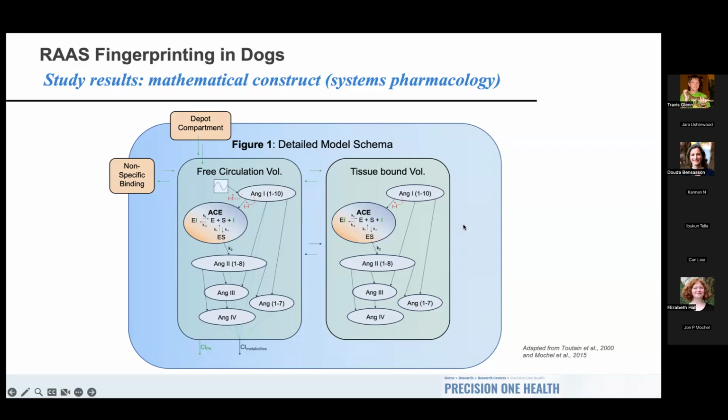And then we had a very similar model for the tissue component of that system, because the RAS is actually found both in the systemic circulation and in different tissue compartments. So we had one model for the blood and one model for the tissue in equilibrium. And then we used different ODE systems to model the PK and PD of benazepril on those different biomarkers.